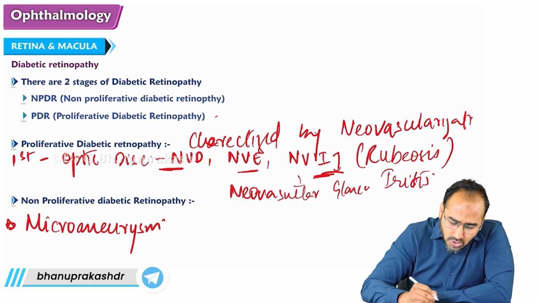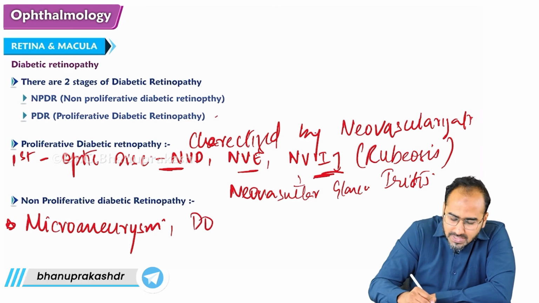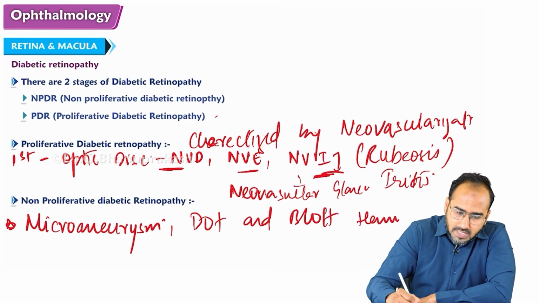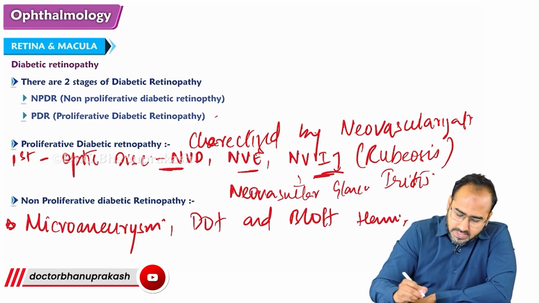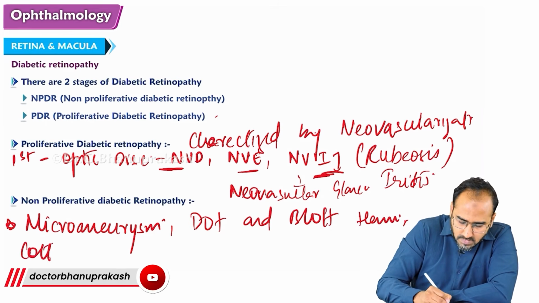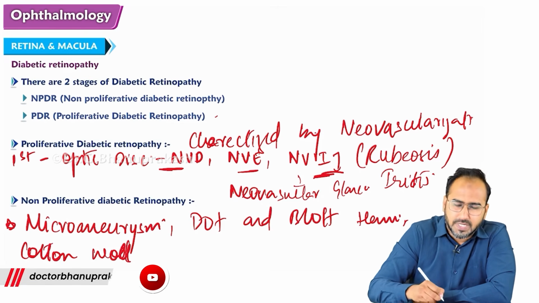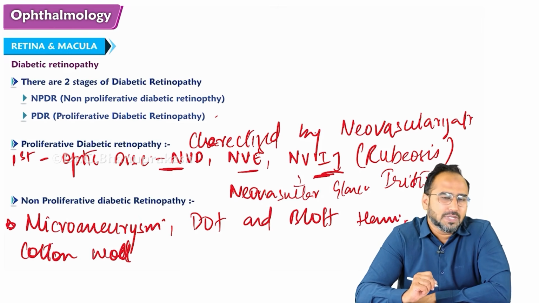What is that hemorrhage called? In non-proliferative, you might see some hemorrhage, which is called what? Dot and blot hemorrhage. You will see cotton wool spots or soft exudates. Okay?